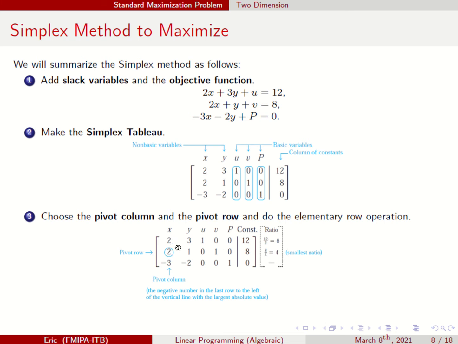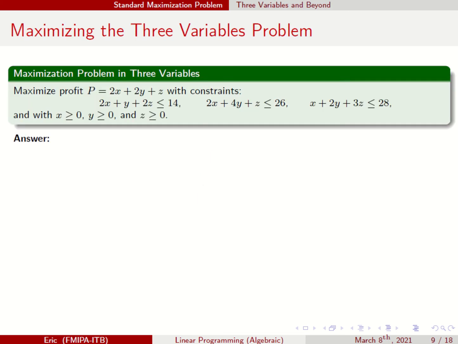The smallest ratio is this. I change this into 1 using elementary row operations, and the others will be 0. And you read the result. If y maybe has a negative, you can do the same game in the third step.